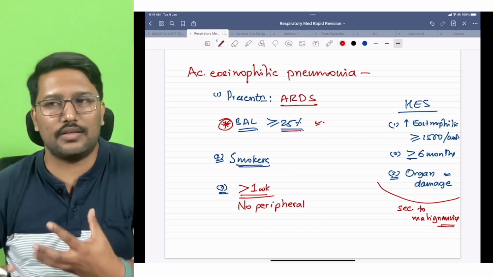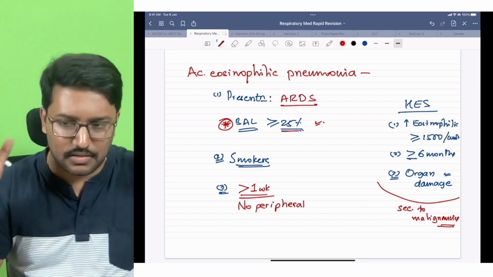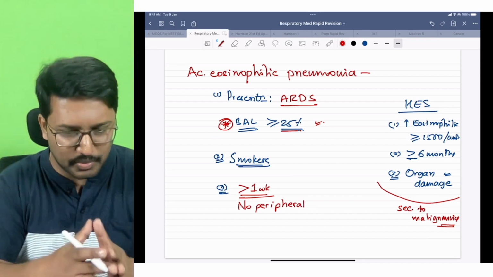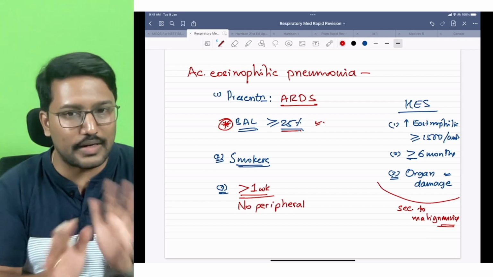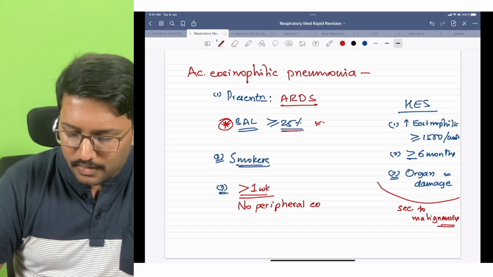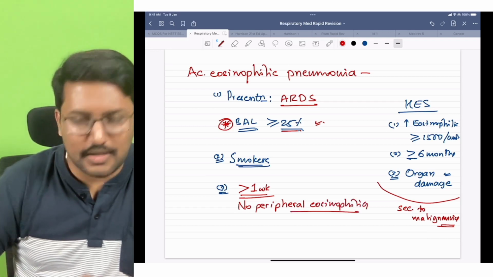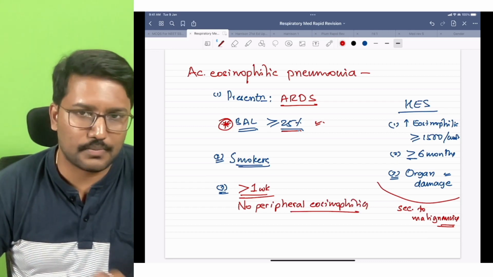So you can believe that eosinophilia started in the lungs. There is eosinophil recruitment at the lungs to cause inflammation, and later on there is spillover of eosinophils into the peripheral circulation. That's how you can remember it. There is no peripheral eosinophilia for at least 1 week of the onset of symptoms.